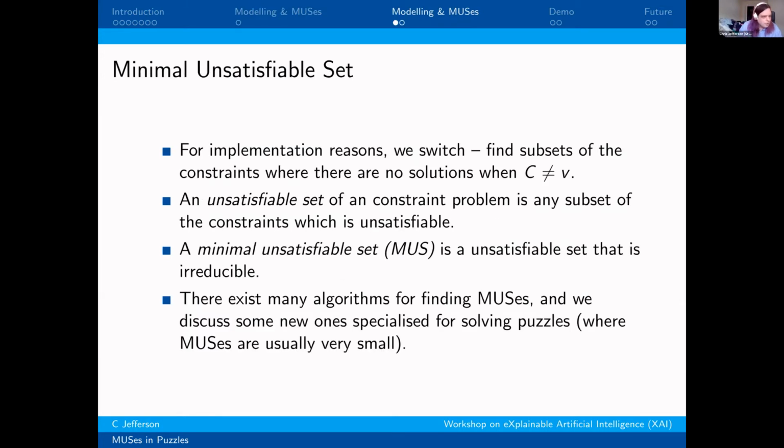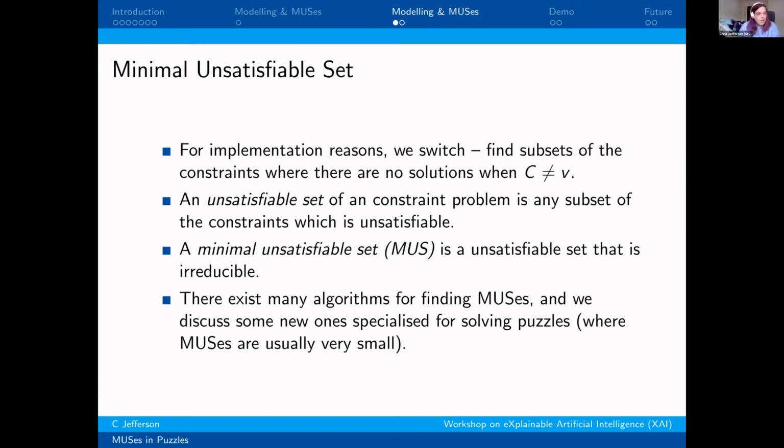Implementation details: instead of trying to find subsets where in all solutions C equals V, we look for subsets where in all solutions, there are no solutions where C is not equal to V. And the reason for this is that finding the smallest bit of a problem which has no solutions is an existing research area called minimum unsatisfiable set.